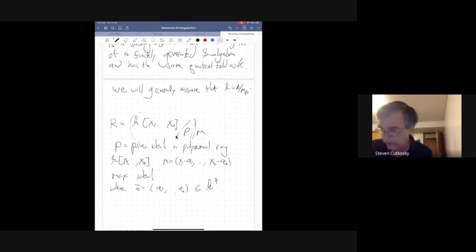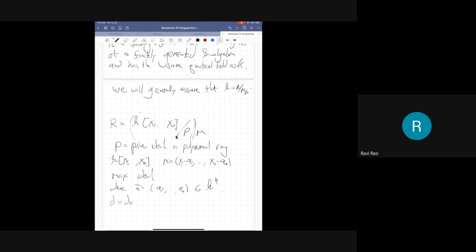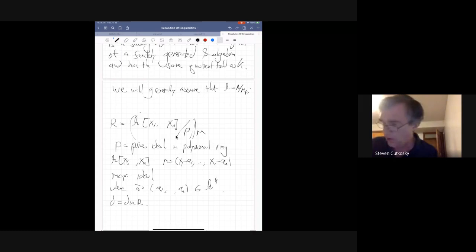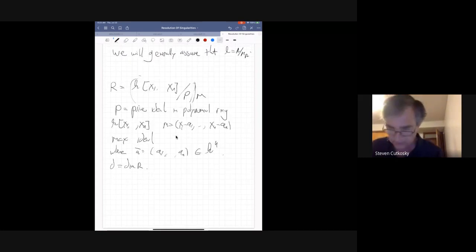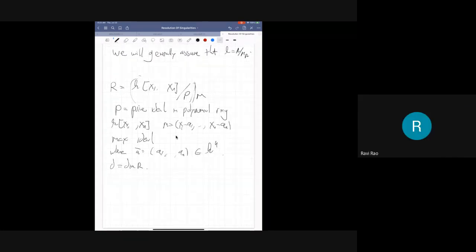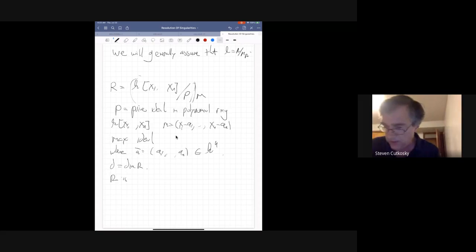Okay, now we've said that the dimension of R is d. That's the dimension of the function field. And in fact, the Jacobian criterion tells us that R is a regular local ring if and only if the rank of ∂f_i/∂x_j at a-bar is equal to n minus d.